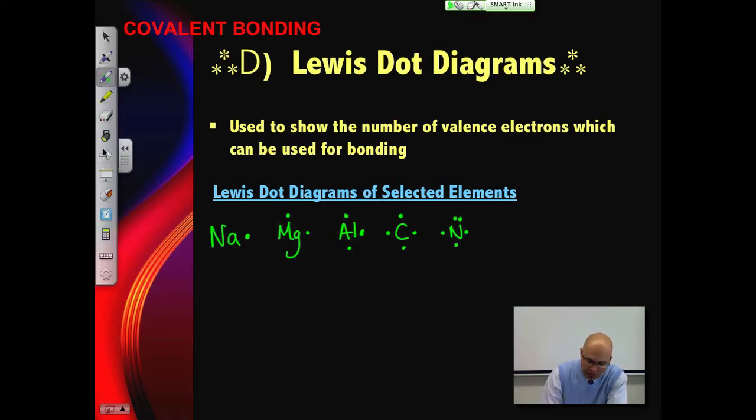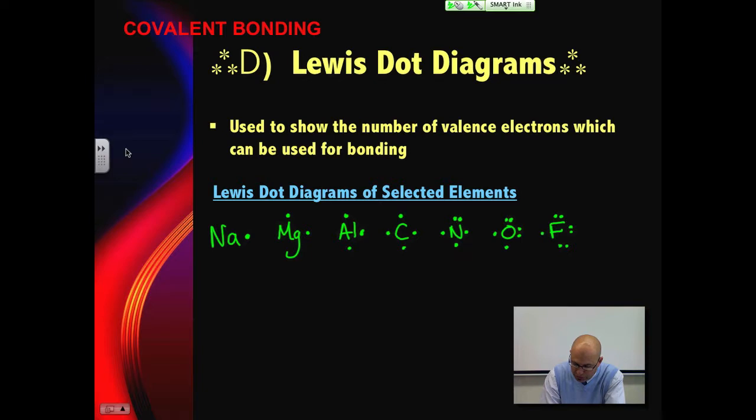But now let's take a look at our next one, oxygen and its family. 1, 2, 3, 4, 5, 6 valence electrons. The halogens, fluorine, 1, 2, 3, 4, 5, 6, 7. Oops, what am I doing? I'm thinking ahead here. 7 valence electrons.